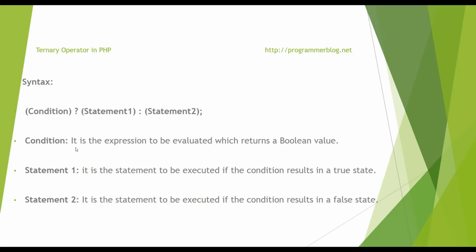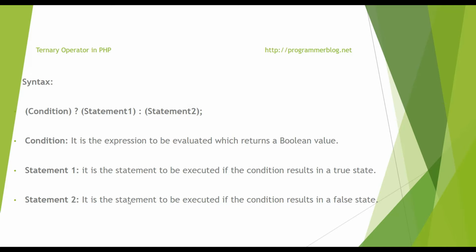The condition is the expression to be evaluated, which returns a Boolean value. Then after the question mark, we have statement 1. Statement 1 is the statement to be executed if the condition results in a true state. And statement 2 is the statement to be executed if the condition results in a false state.